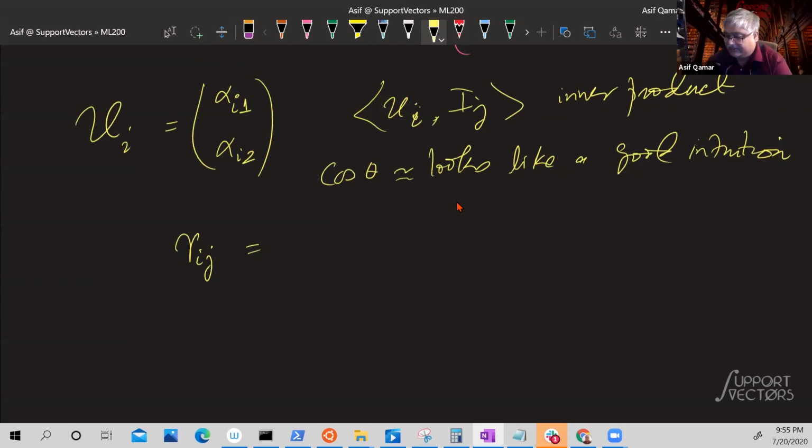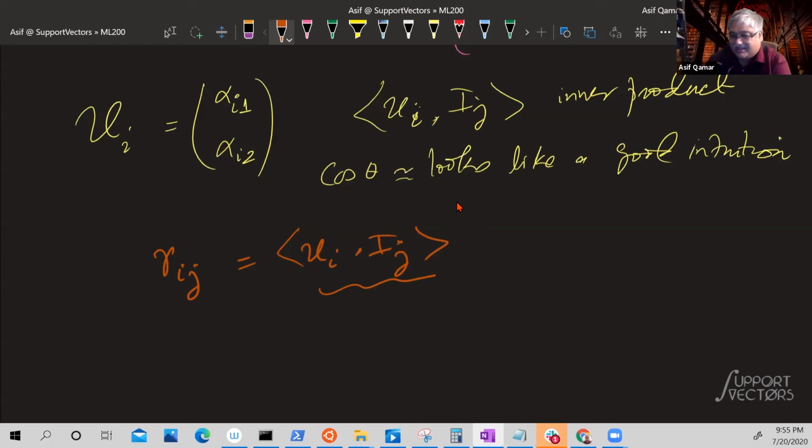Or in purchase history, if this user bought this item, what would be the rating or the affinity between the two? You say that it is user I dot item j, the inner product between these two. That's one way of looking at it. Are we together? I hope I get the details of that paper right.